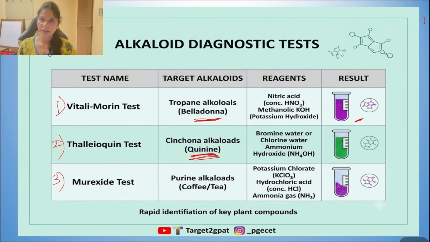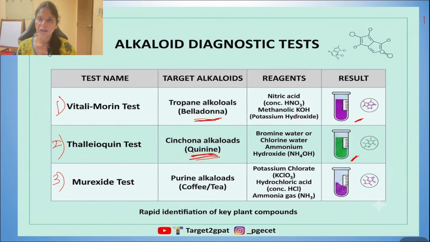From the test name itself, it indicates clearly that this is used to identify whether quinine alkaloids are present or not. And coming to the last one, that is the Murexide test, for purine alkaloids. The Murexide test is used to identify the purine alkaloids, that is, for our coffee and tea.